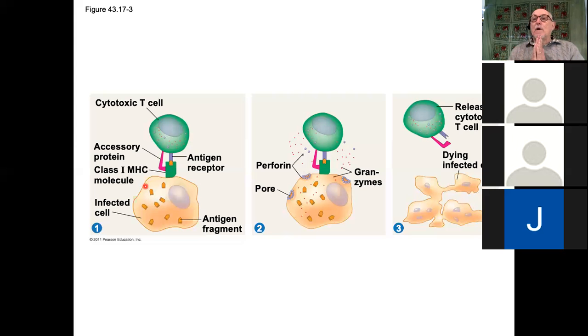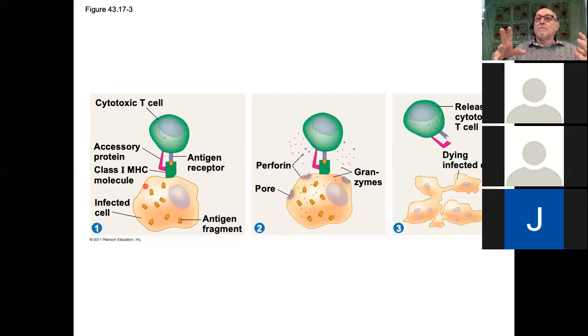And MHC class 1 continually displays just ordinary proteins, just whatever's going on in the cytoplasm. It will move small portions, especially of protein, to the surface and display it there. It's a way for cells to say, look, I'm self.